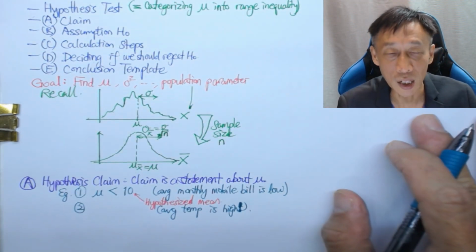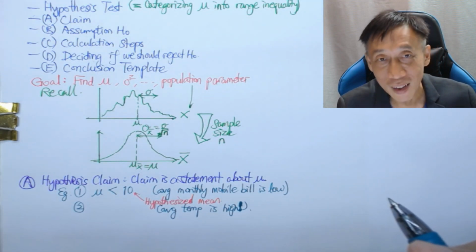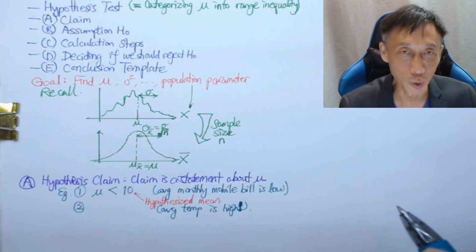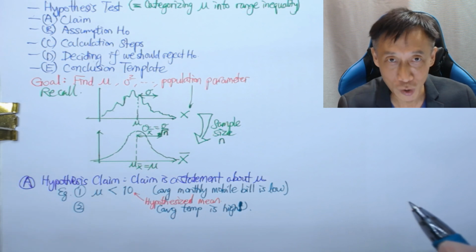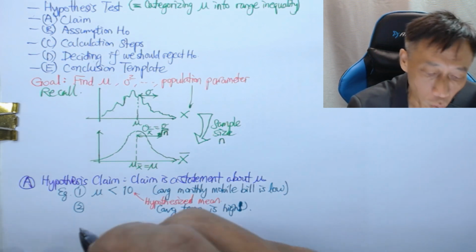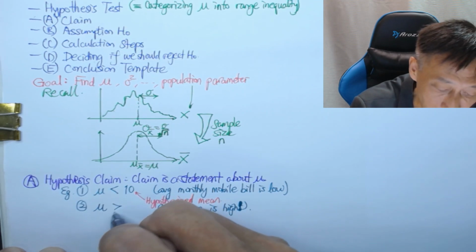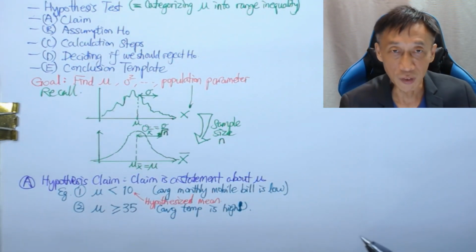Sounds very nice and friendly, but it's very vague. Then you might say, okay, weather is hot. One way to proxy measure hotness is temperature. Okay, so average temperature is high. That's the description, right? But how high is high? Well, we can then make a judgment call and say, well, the daily temperature on average exceeds 35 degrees Celsius.